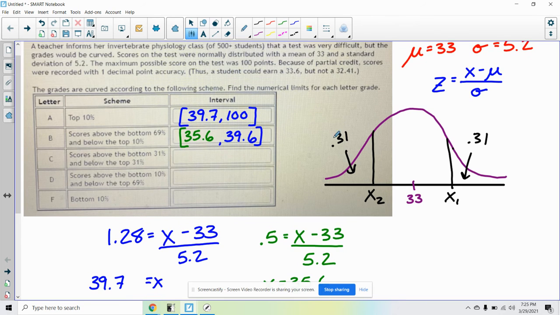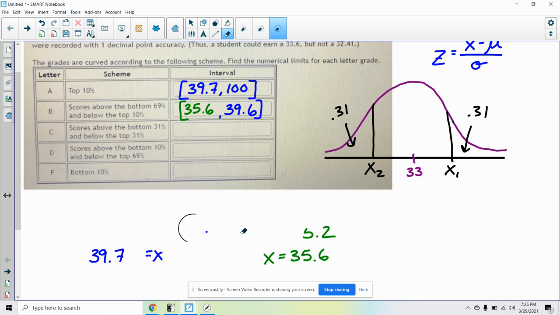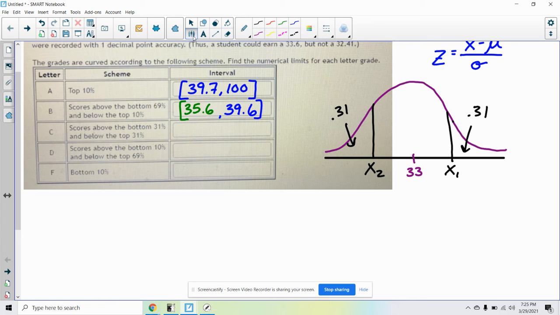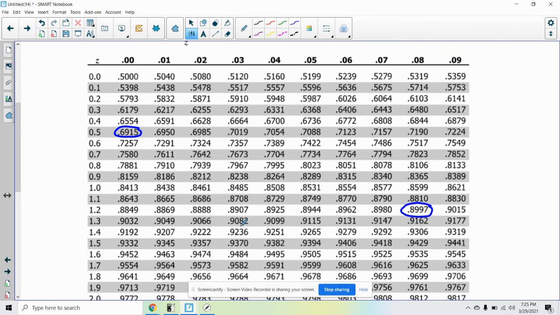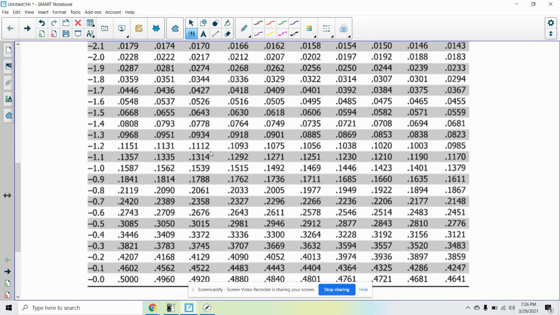So you're going to look up 0.31 on our z table. It's going to be on the other side of the z table because it's less than the mean. 0.31, or as close as we can get to 0.31.